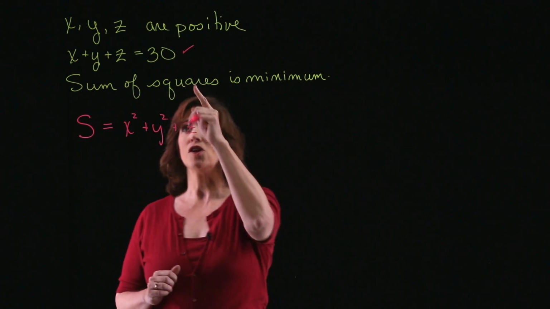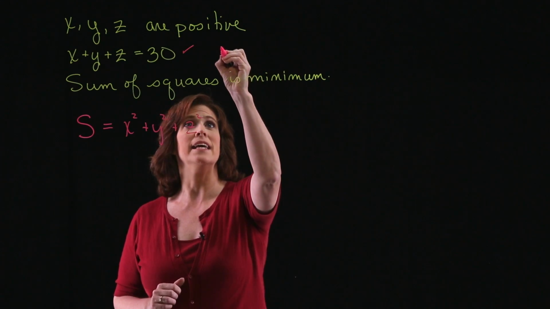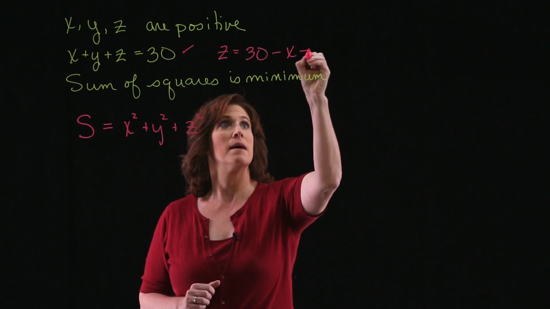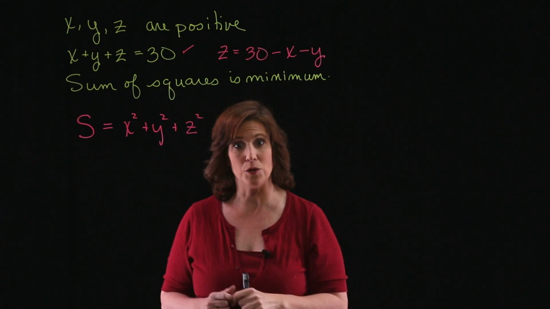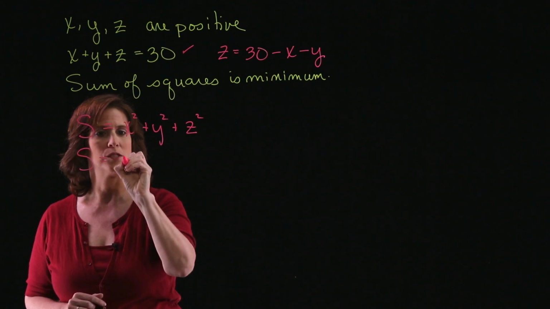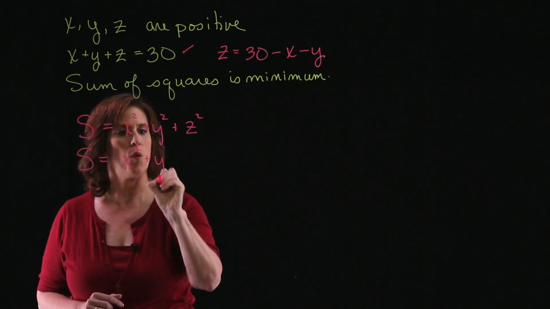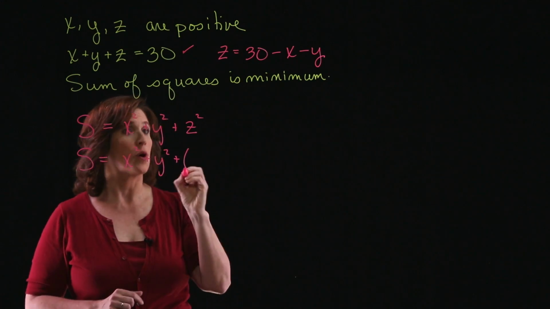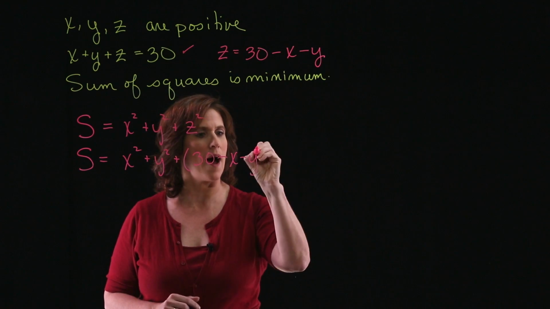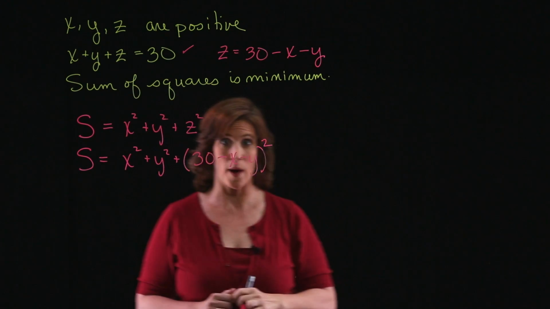What I'll do is I'll solve this for z and say that z equals 30 minus x minus y, and then substitute that into my formula. So that sum formula is going to be x squared plus y squared plus the quantity 30 minus x minus y, that quantity squared.